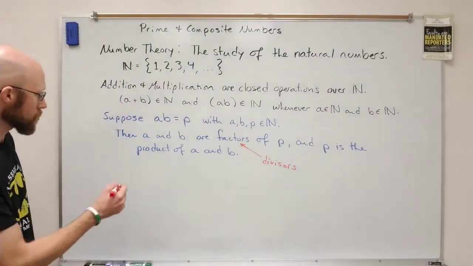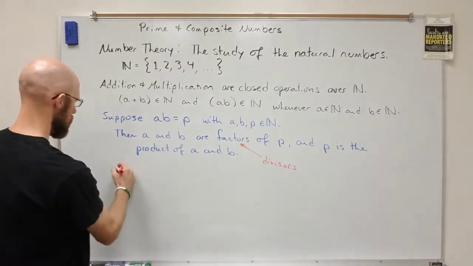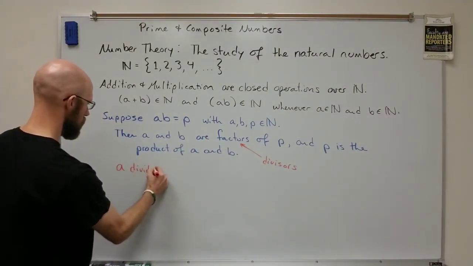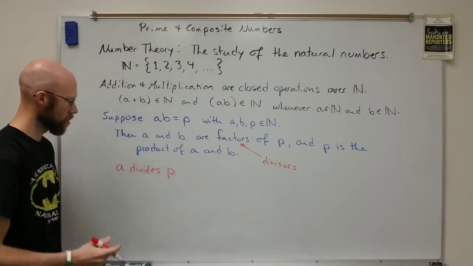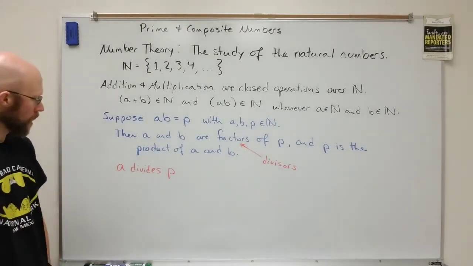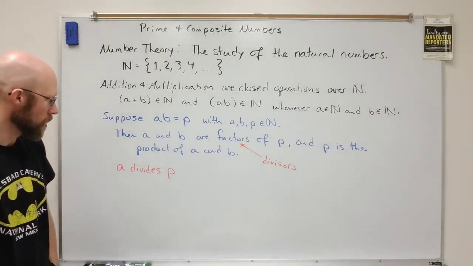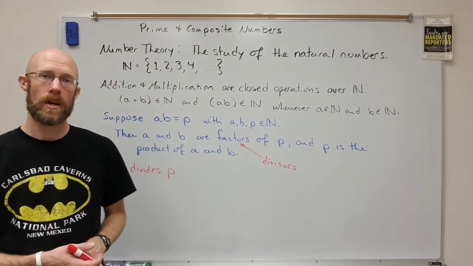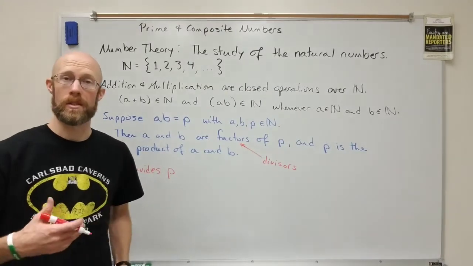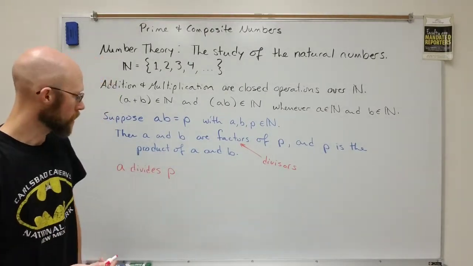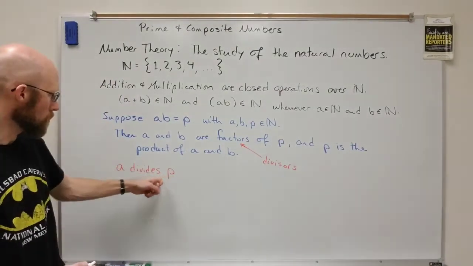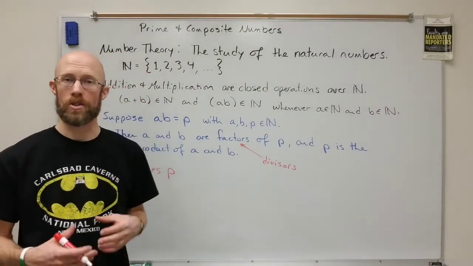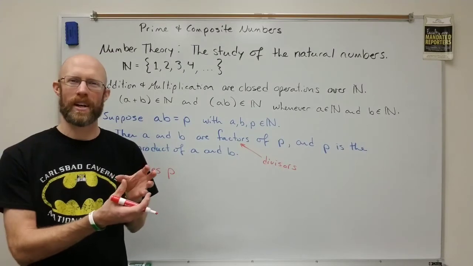Then we would also say here that A divides P, and also B divides P. Now what does A divides P mean? It's a divisor, so A is a divisor of P. If you were to think about division, that means that if you divide P by A, you get no remainder left over. It doesn't create any sort of fractional part.